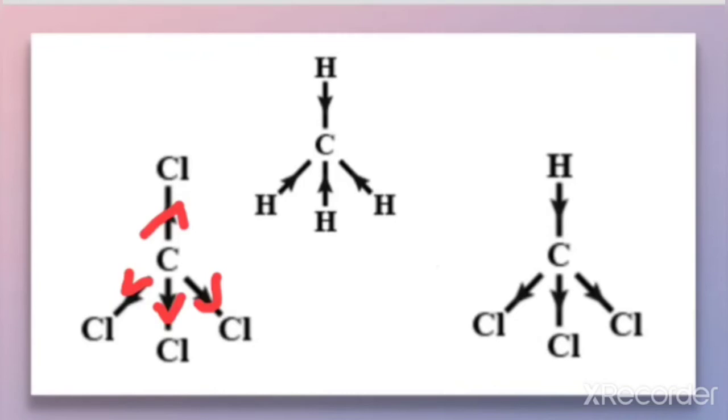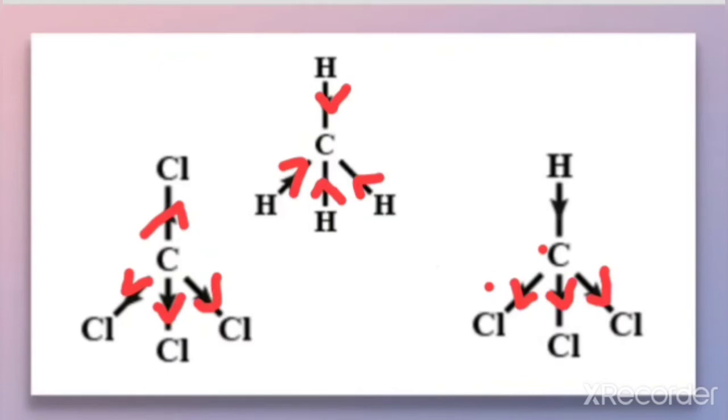But in the case of CH4, the arrow will be towards carbon because carbon is more electronegative than hydrogen. But in the case of CHCl3, when you look at the bond dipole, the arrow will be towards chlorine because when you compare chlorine and carbon, chlorine is more electronegative.